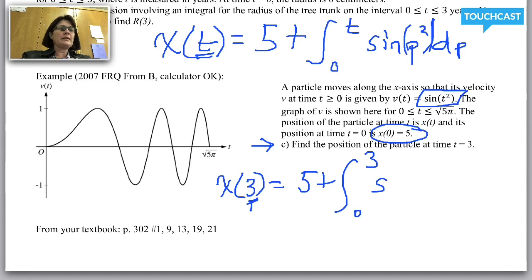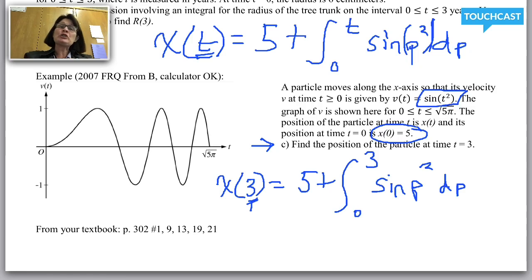You might be wondering, why don't I replace this p with 3? Because aren't I plugging in 3? Well, I'm replacing the t. X is a function of t, and now I want x of 3. That means to replace the t's with 3's, not the p's.